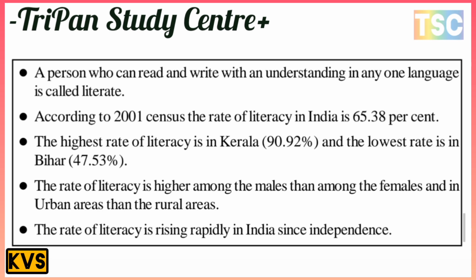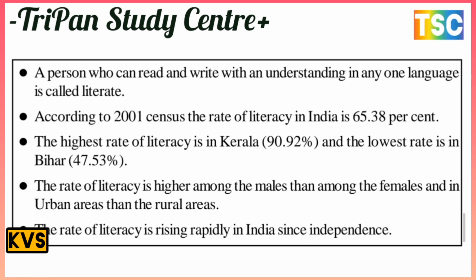A person who can read and write with understanding in any one language is called literate. According to the 2001 census, the rate of literacy in India is 65.38%. That is the most important.